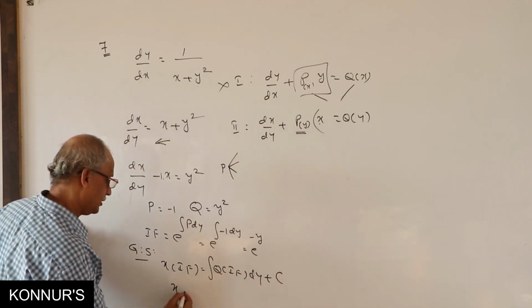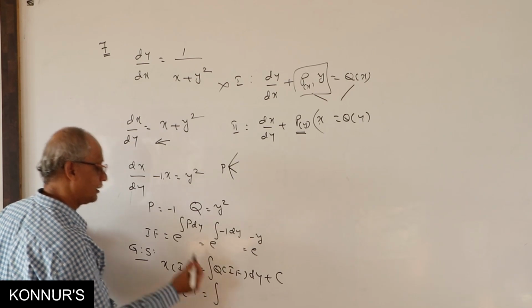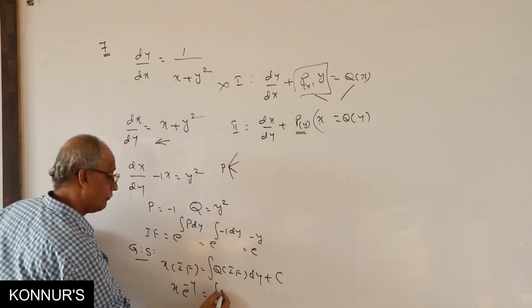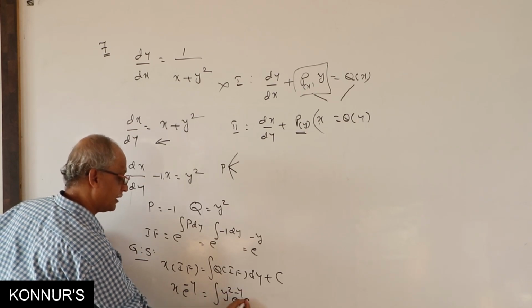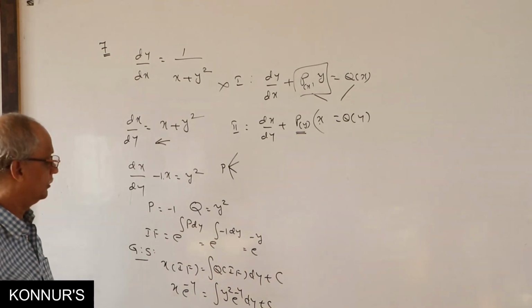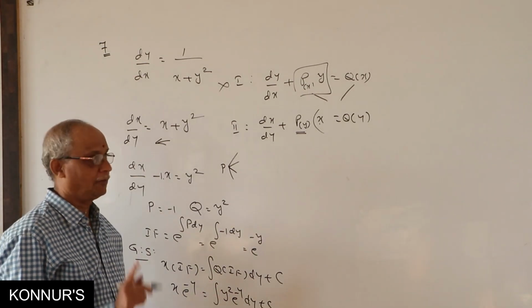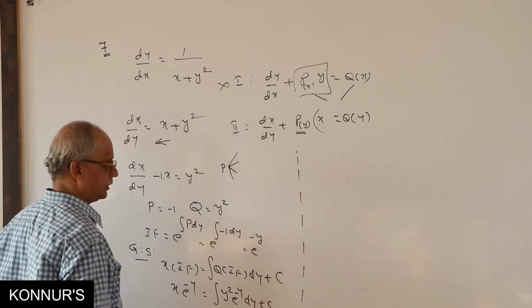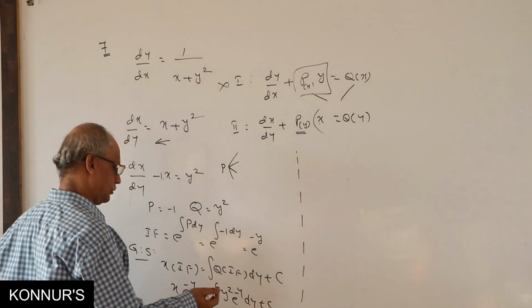So x times e power minus y equals integral y square e power minus y dy plus c. There is an e power x combination. Y square is algebraic, so by parts. In by parts, algebraic and exponential, I gave one method also, how to write the answer.